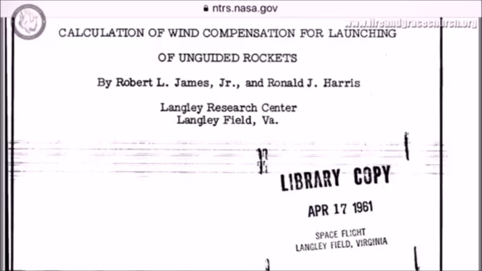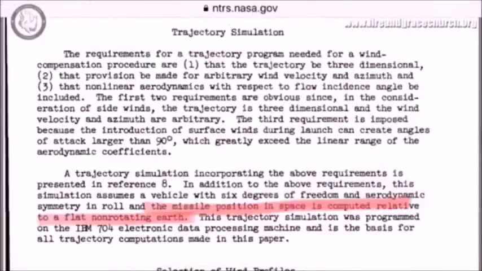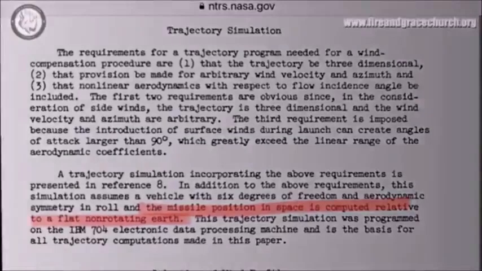I would say pretty important stuff, right? I think you'd probably need to get it right. If I was their general or their boss, I'd say you guys better get it right. This stuff's expensive. The missile position in space is computed relative to a flat, non-rotating Earth. Let's keep going here.